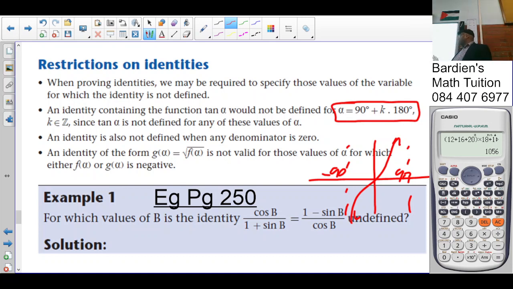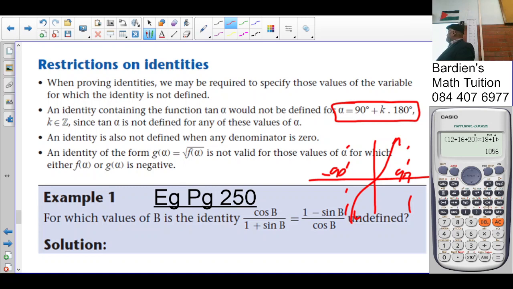Because at the points of 90 or minus 90 or 270 or minus 270 and so on, the identity will be invalid at those points. Because those are your asymptotes, not so. So again, an identity containing the function tan of alpha would not be defined for alpha equal to 90 plus k times 180, which is your asymptotes. Your k is an element of integers, since tan of alpha is not defined at any of those values of alpha.